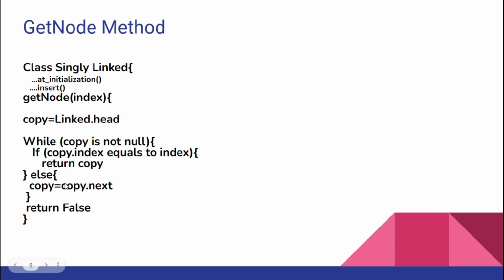Else it moves on to the next node, and it keeps on moving on till it gets to null, because the last node in the singly linked list is null. And if it doesn't find it, it returns false. So it's as simple as it gets. So the next method we'll be looking at is the check method. So just stay tuned.